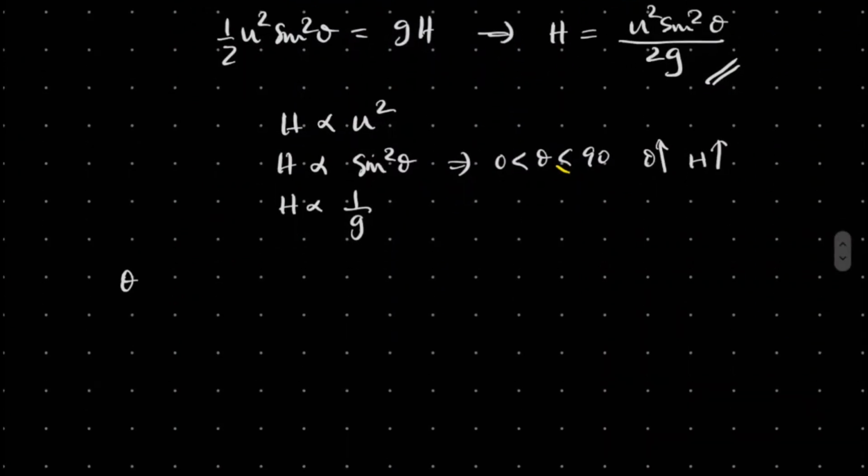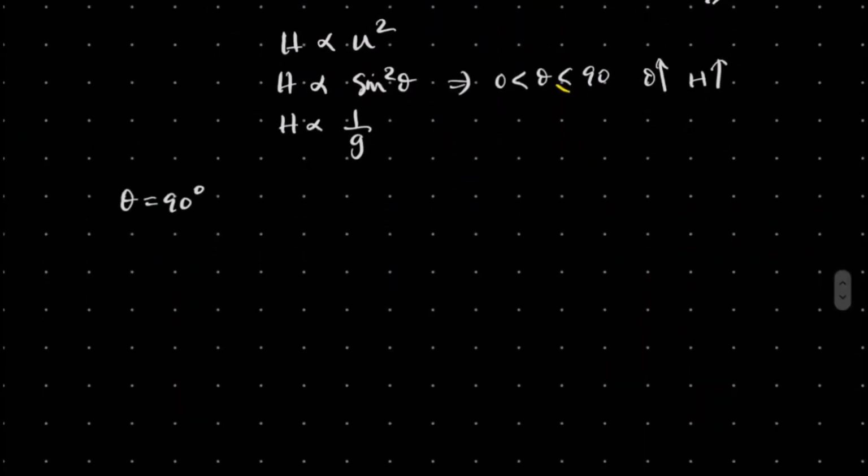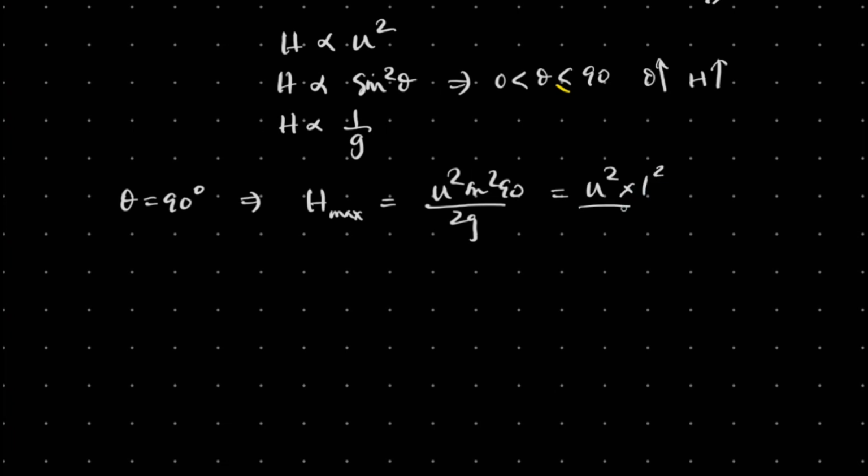So I can consider the theta equals 90 scenario, and in that case the h is going to be the maximum value. H max is going to be u squared sine squared 90 over 2g, which simplifies to u squared into just 1 squared over 2g, or u squared over 2g. So this is the maximum height it will take.